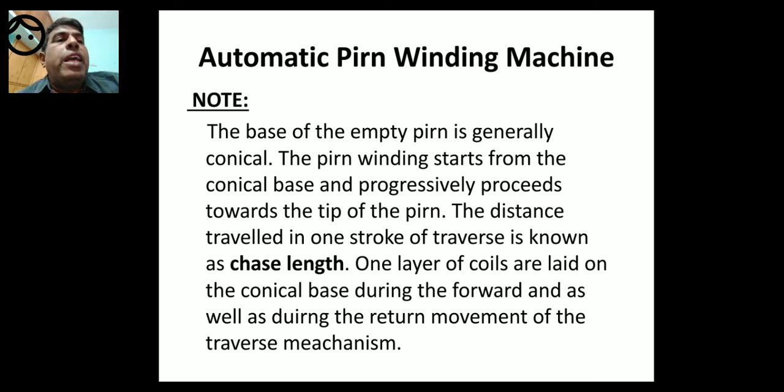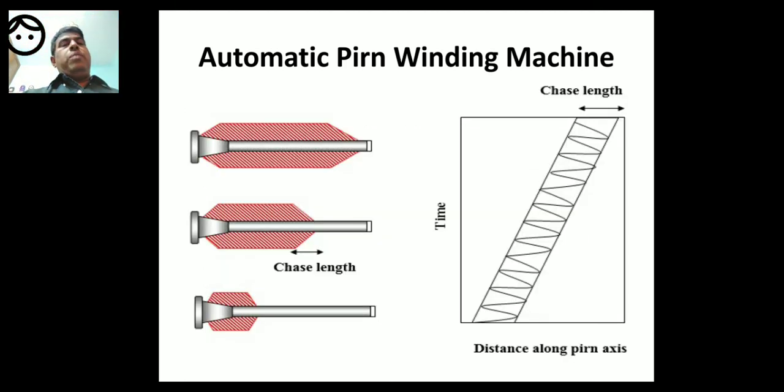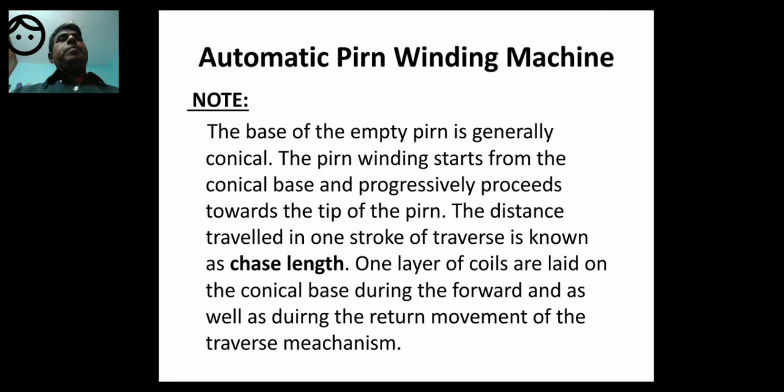The pern winding starts from the conical base and progressively proceeds towards the tip of the pern. So here you can observe in the bottommost pern, from the base of the pern, the yarn is built onto the pern.